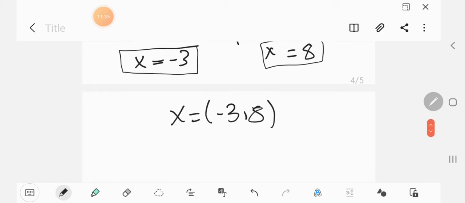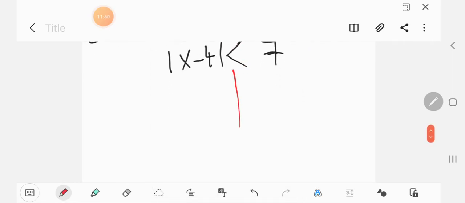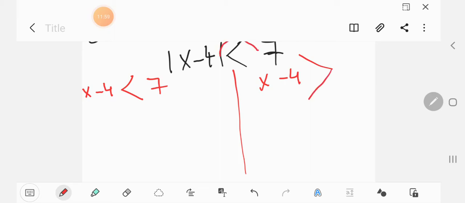Okay? Can we do it with the inequality? Inequality. We have here absolute value of x minus 4 smaller than 7. Do our famous division for the paper. So it will be x minus 4 smaller than 7. And x minus 4 greater than, we are going to flip the sign and make it a negative number.